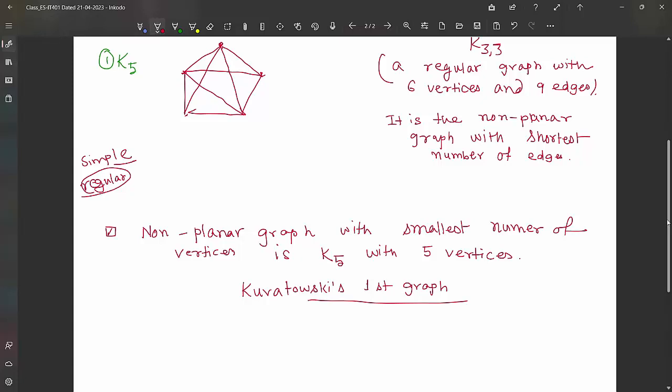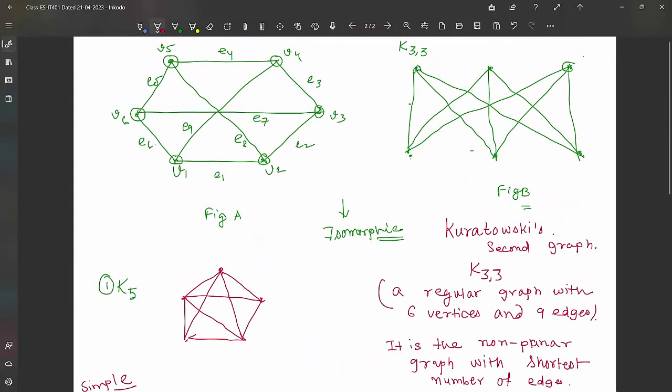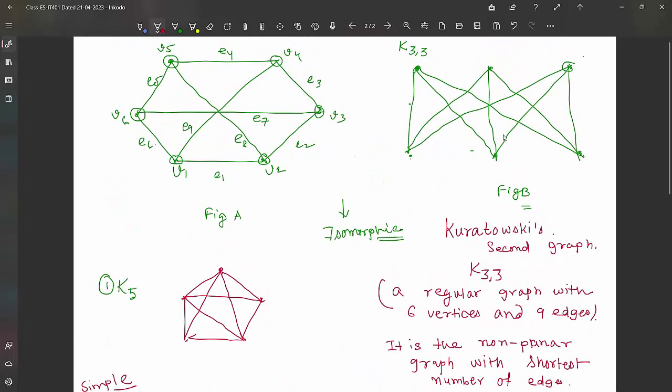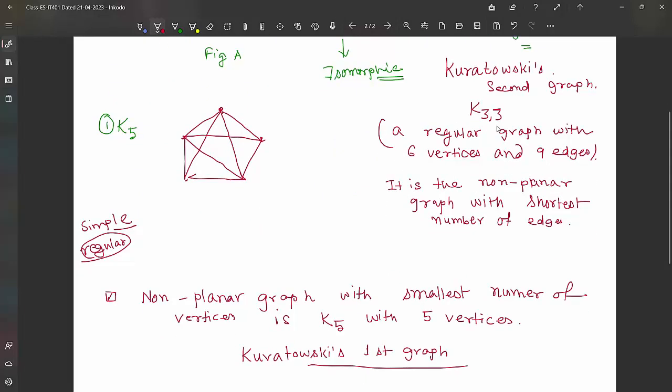The first graph means the K5 graph, and the second graph means the K3,3 bipartite graph of 3 vertices each, which has 6 vertices and 9 edges. So these are just examples.